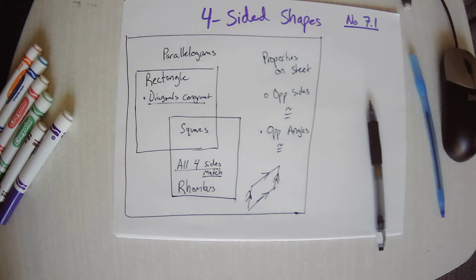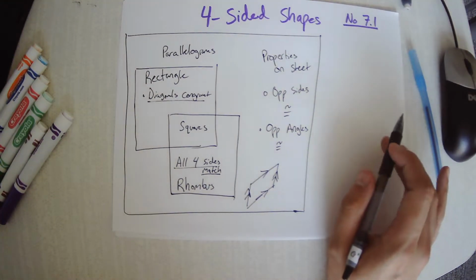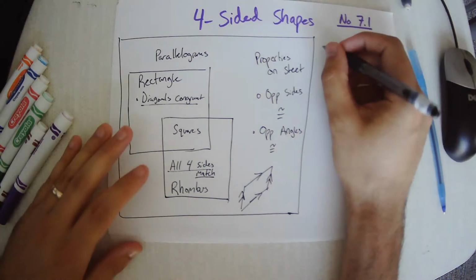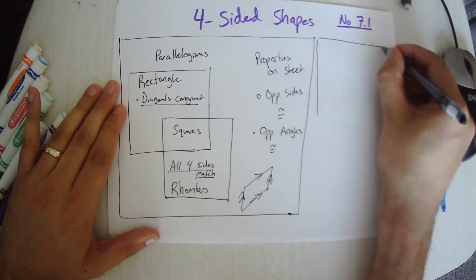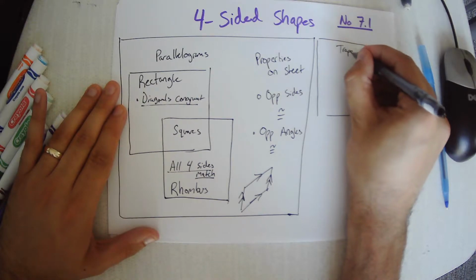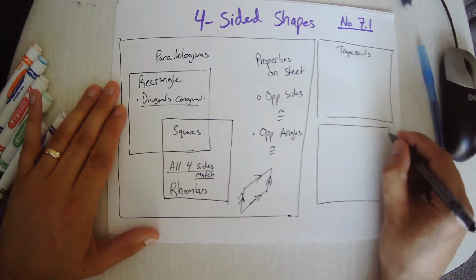There was also, briefly, opposite sides are congruent. I talked about that. In addition to parallelograms, rectangles, and rhombi, we talked about trapezoids and kites.